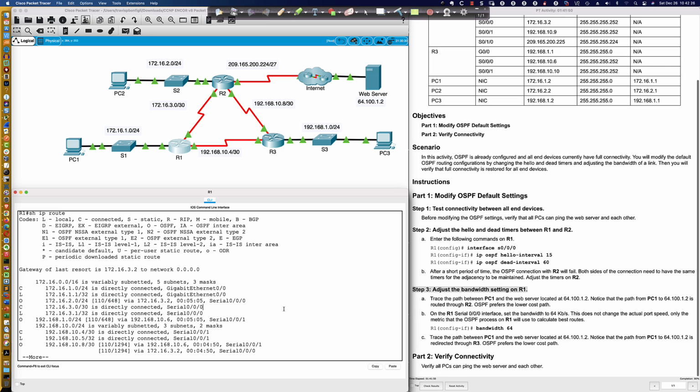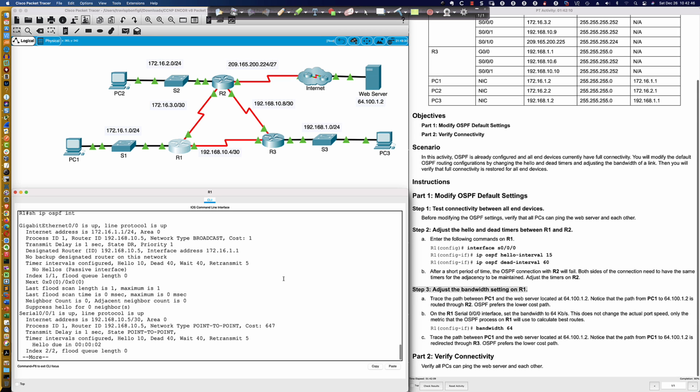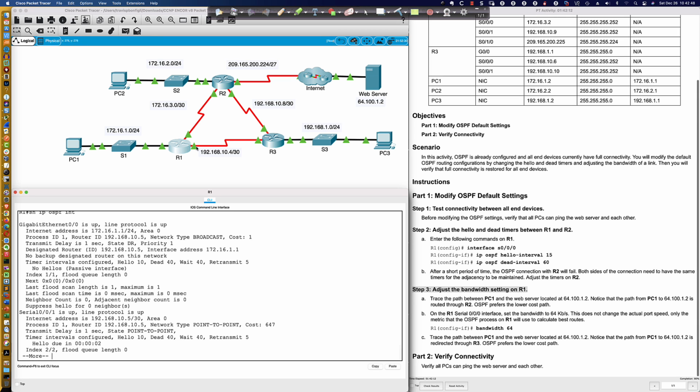And again, how do you calculate that without going onto the interface and putting in a whole bunch of values, just waiting for OSPF to change the path and go 132 for PC1, router 1, router 3, router 2? Well, I already showed you how to calculate this. Show IP OSPF interface. So what's my cost right now out the serial 0/0/1? Okay, the cost is 647.